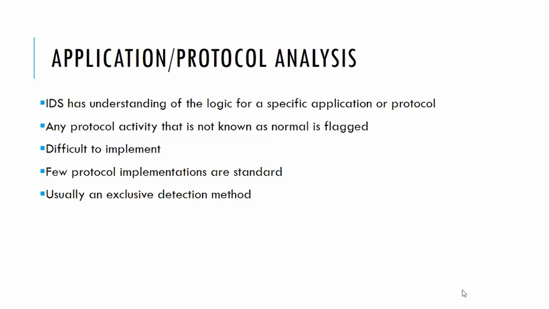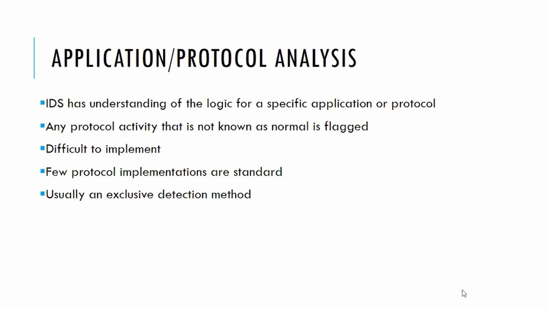The IDS has an understanding of the logic for a specific application or protocol, understands how it works and what protocol it uses and what headers it uses and what signals it sends. So it can use application protocol analysis. Any protocol activity that is not known as normal is flagged. This type of analysis is difficult to implement because few protocol implementations are standard and so many protocols used over the network are not standard.